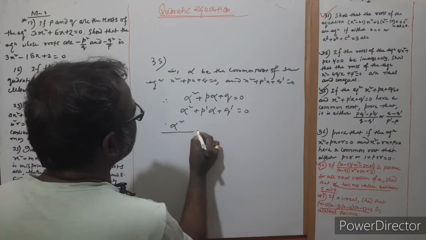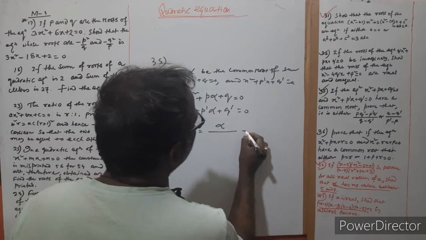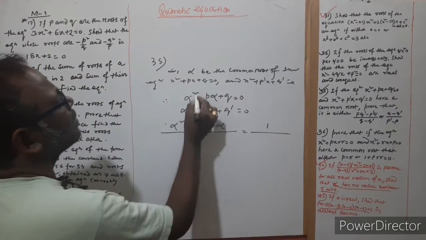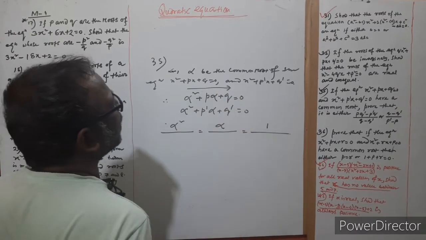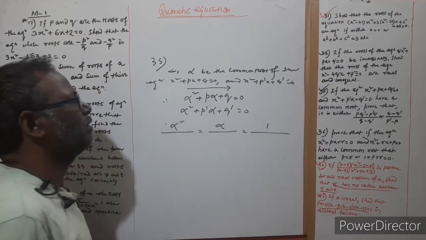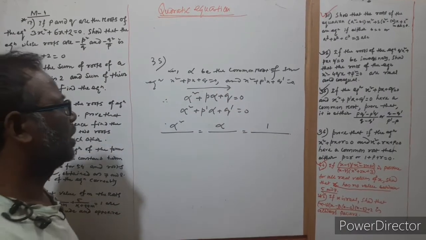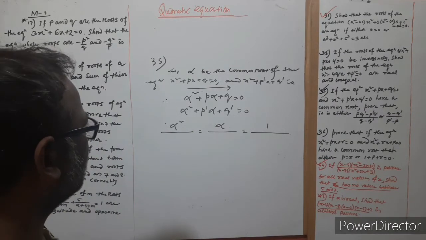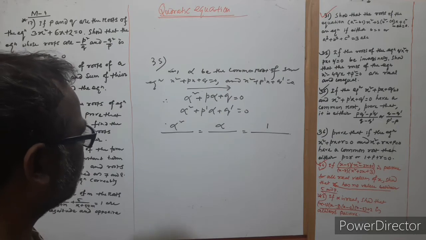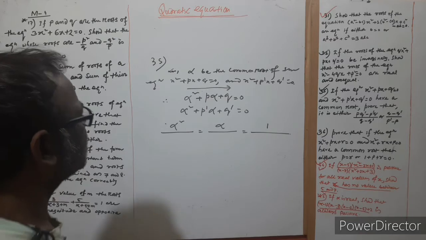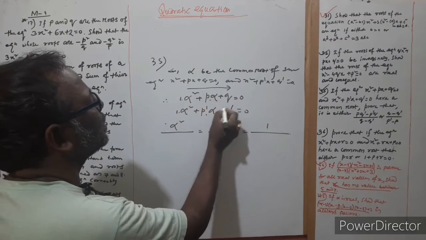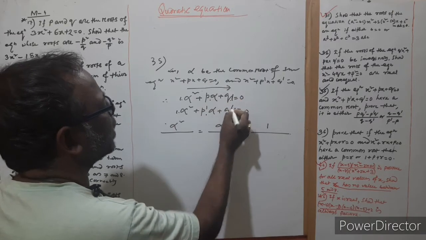So now find alpha square, alpha, and 1. Okay, and you know the technique of solving by the cross multiplication method to find the common root here. So here alpha square, and the coefficient here is 1, and this is 1.